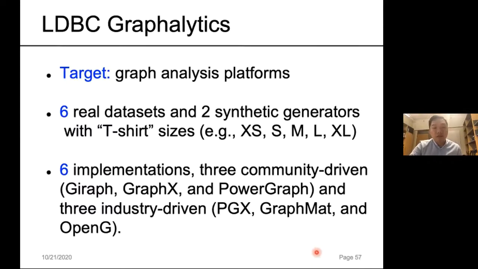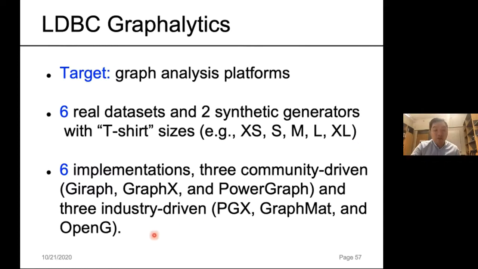And the second benchmark is LDBC Graphalytics for the graph processing platforms. This benchmark includes 6 real datasets and 2 synthetic generators with t-shirt sizes, for example, XS, S, M, L, and XL.